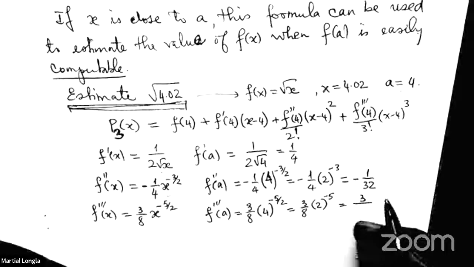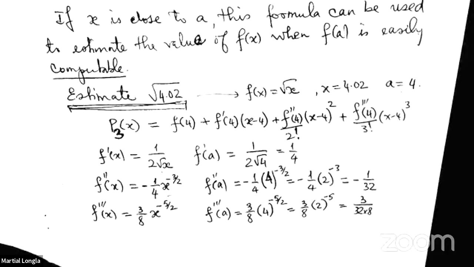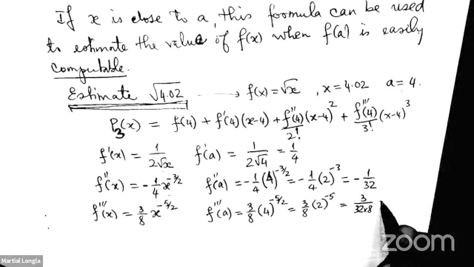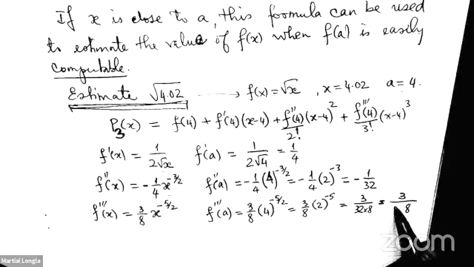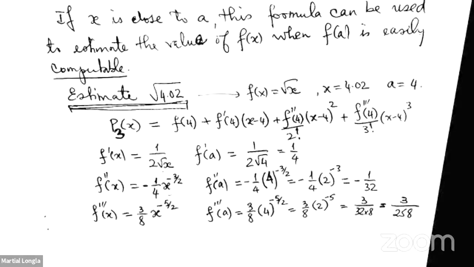So now you get 32 times 8. So that is 3 over 32 times 8, that's 256, right? So that's what you get.